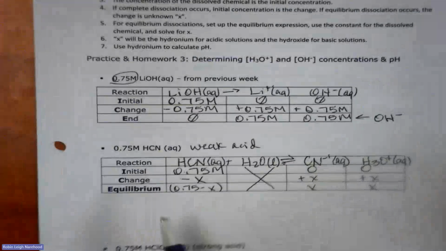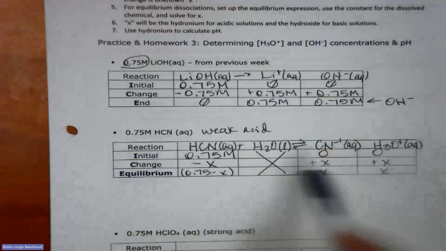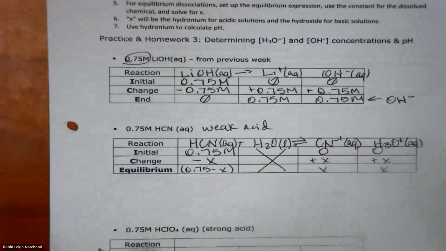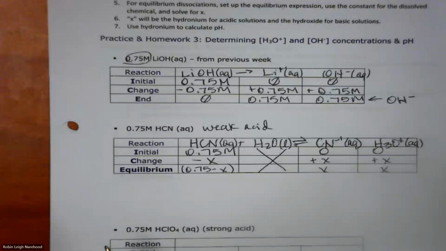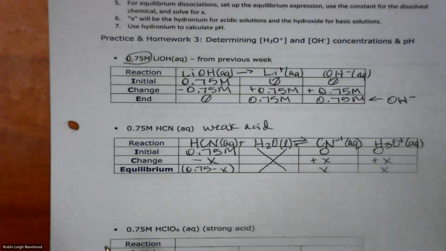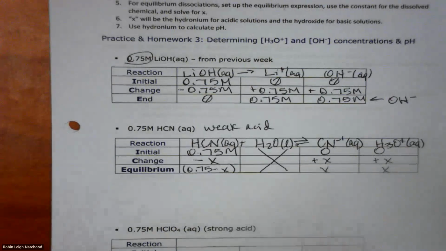So see if you can write the equilibrium expression for this. Equilibrium expressions are always products over reactants, and you only include aqueous things because these are not pressures, these are not gases. Everything is aqueous, how it behaves in water, so it's just aqueous.